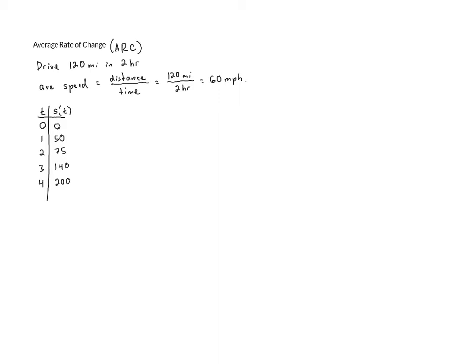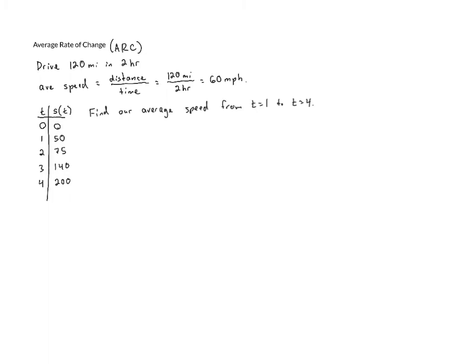And so what I want to do using this information is find our average speed from t equals 1 to t equals 4.